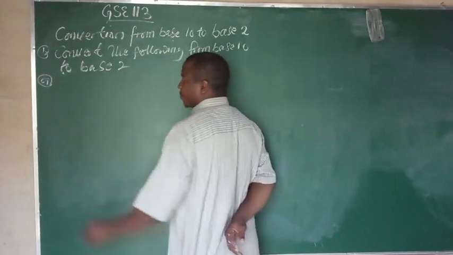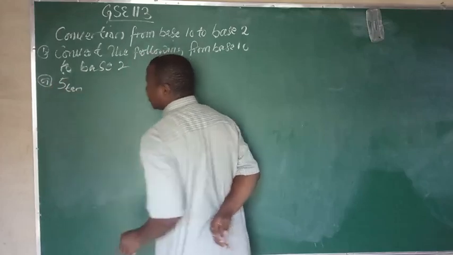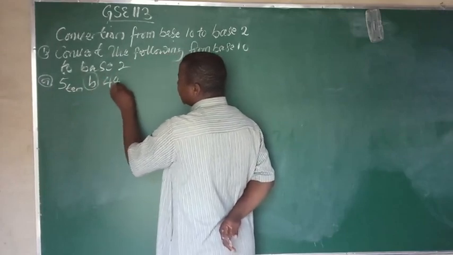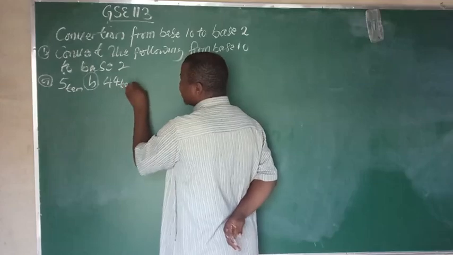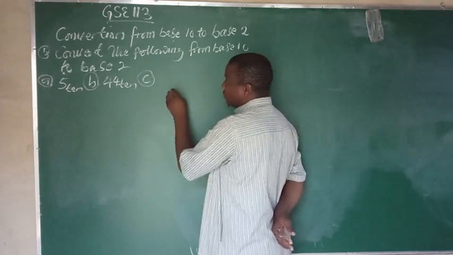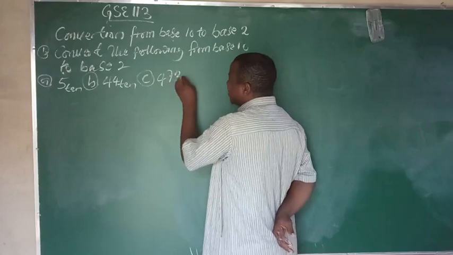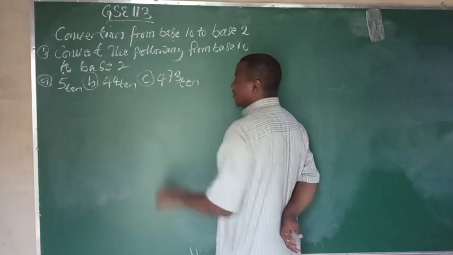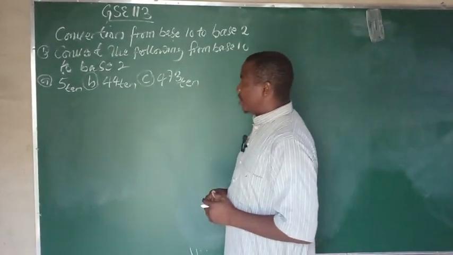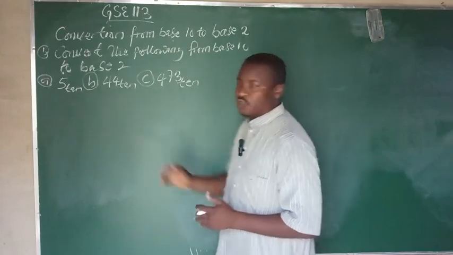A is 5 base 10, B is 44 base 10, and C is 473 base 10. We have these three questions on the board and we are asked to solve them, or to convert them from base 10 to base 2.